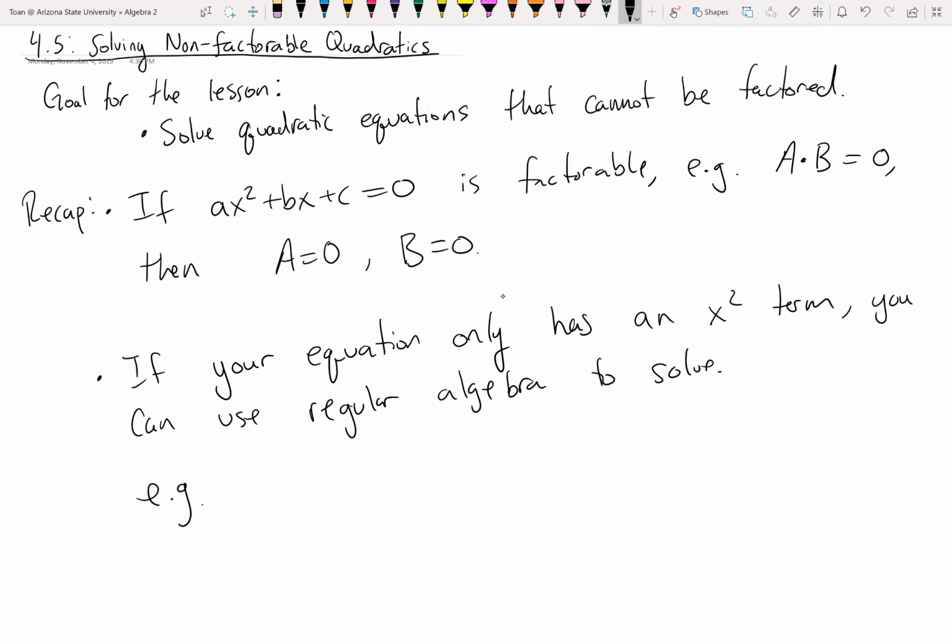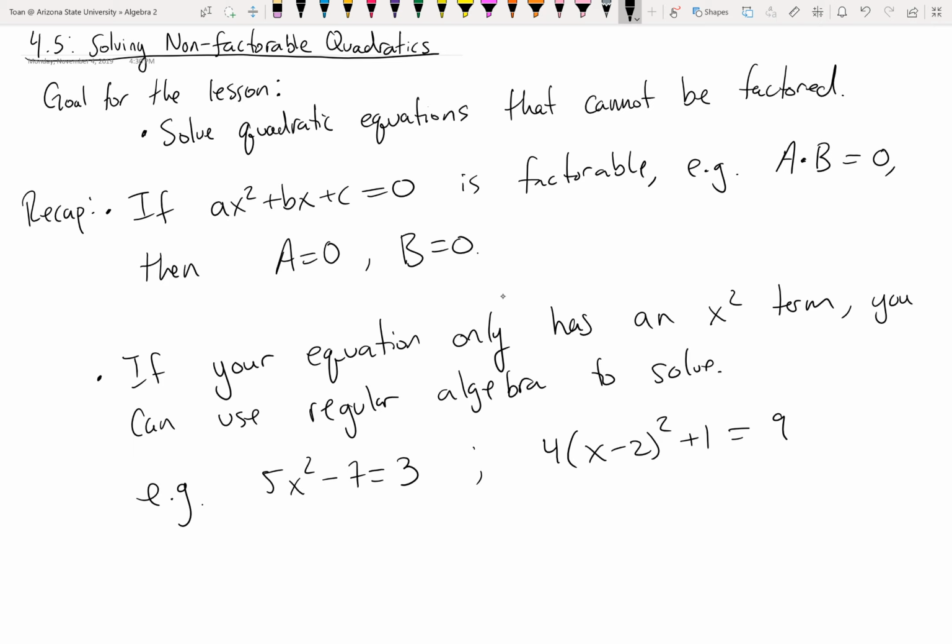For example, if I had something like 5x squared minus 7 equals 3, I can use regular algebra to solve this. I don't have to use factoring. I don't have to use any fancy techniques. Or stuff like 4 parentheses x minus 2 squared plus 1 equals 9. I can use regular algebra to solve this guy because there's only one variable term.